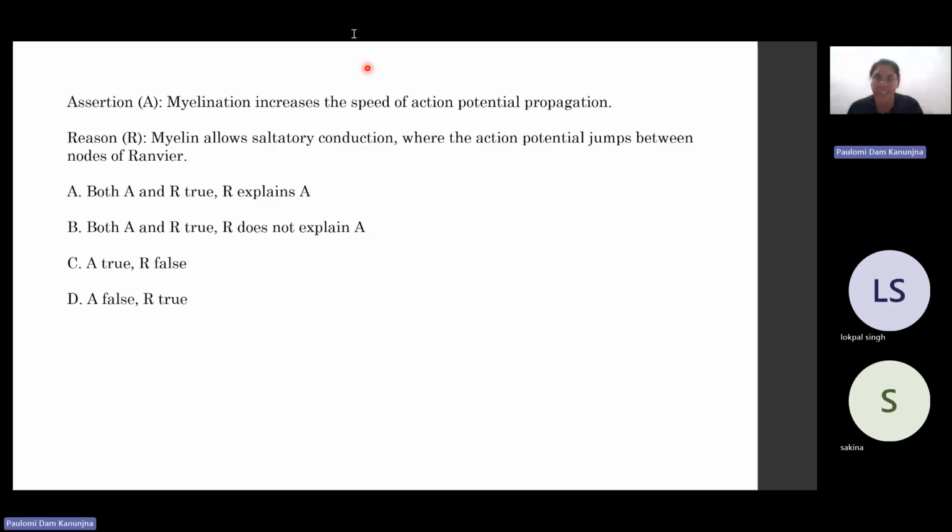These are all getting easier now because we have done enough questions to understand it better.